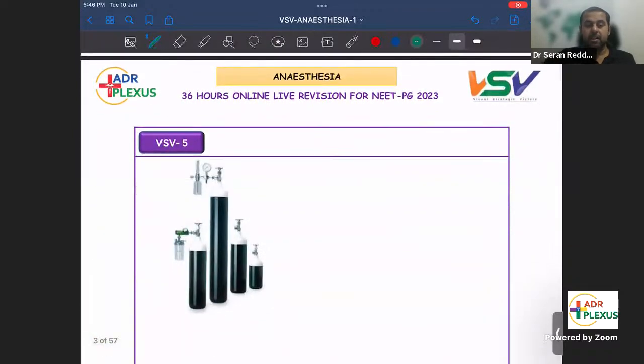Then coming to various cylinders, various sizes and all. This cylinder is the oxygen cylinder.